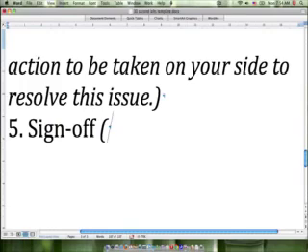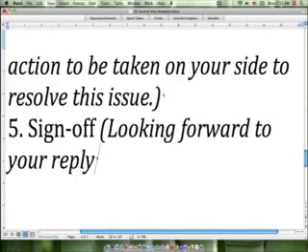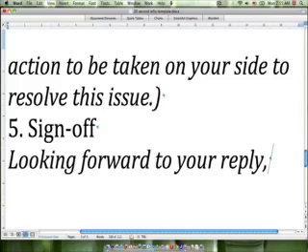if you're saying goodbye to a friend, maybe something like looking forward to your reply, and then comma, and then you go to the next line and write your name. So looking forward to your reply. Maybe I'll just take this out of the bracket 1 second here. Looking forward to your reply, Ryan, like that.